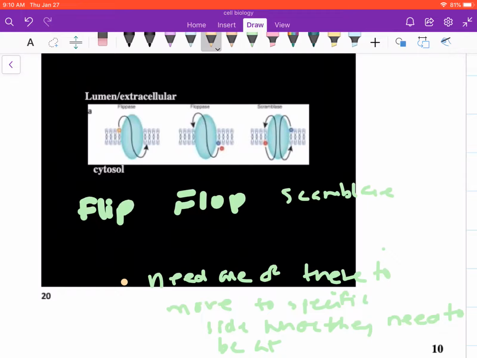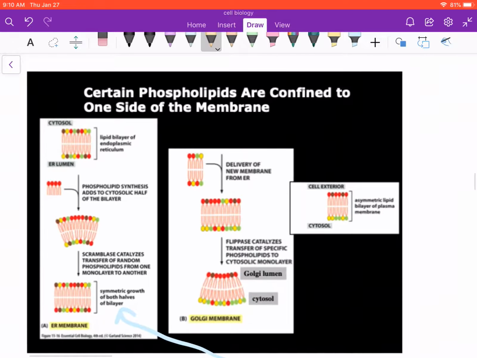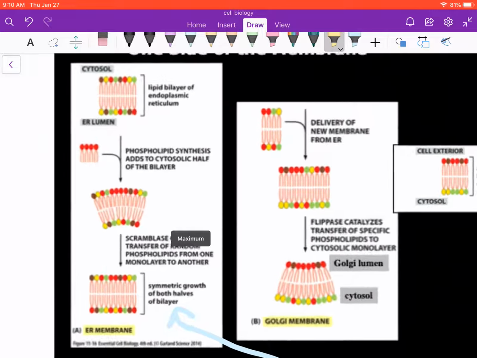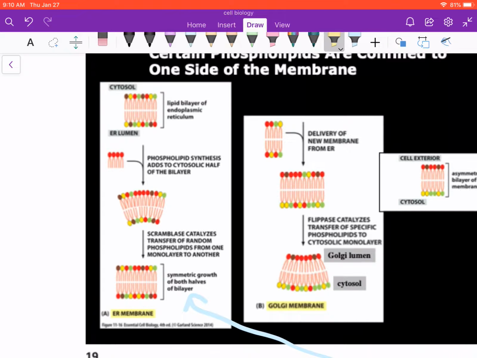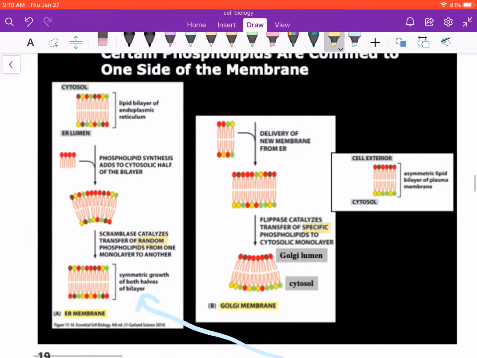Over here in the Golgi, they're specifically being moved because remember, we need specific ones to be on the inside and specific ones to be on the outside. Yeah, I mixed up my words. What I meant was we talked about how it rarely occurs. So I'm saying it rarely occurs in the Golgi and the ER, right? So this is going to be common, right, where these enzymes are.